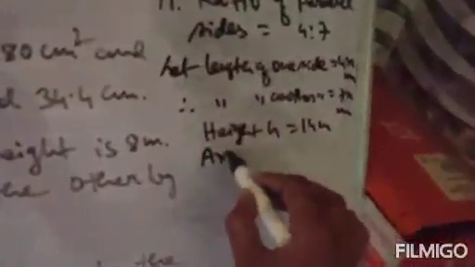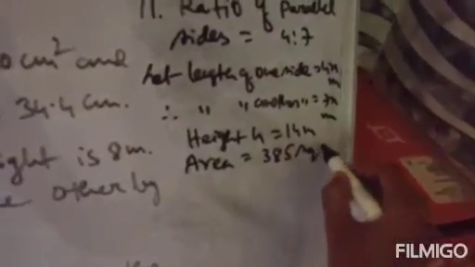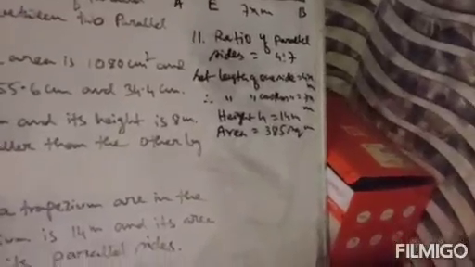Also the area is given as 385 square meters. Now we just have to put this data in the formula. The formula is area equals 1 by 2 times the sum of parallel sides, where one parallel side is AB, the other is DC, and the height is h.